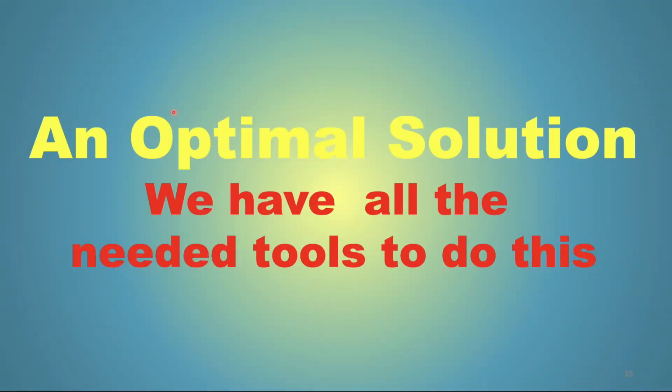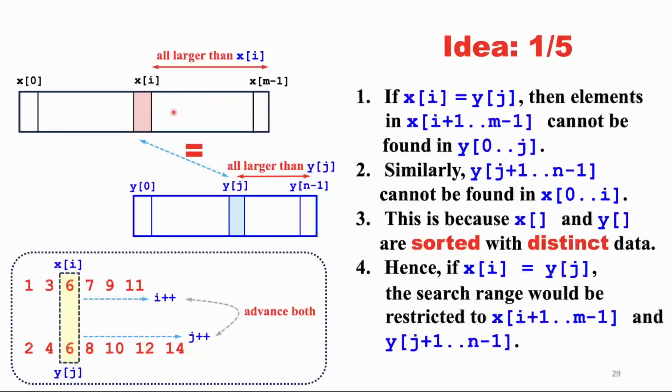We have every ingredient available from section 1 to section 2 to this section 3. The idea was, as we discussed earlier, if these two are equal, then all elements here are larger than this one. So we skip this one. We immediately take xi plus 1.